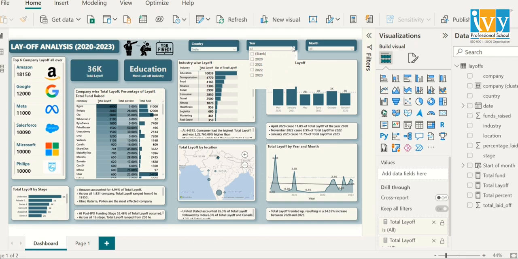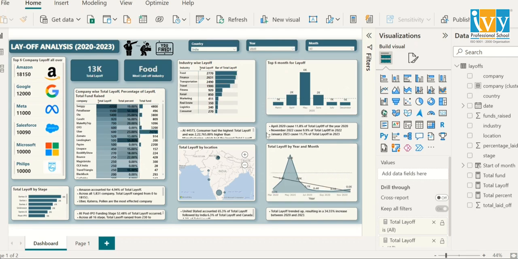If we look at the pandemic in India, May 2020 has the highest number of layoffs, and May 2020 is the pandemic month where Swiggy and Paisa Bazaar are the top companies.